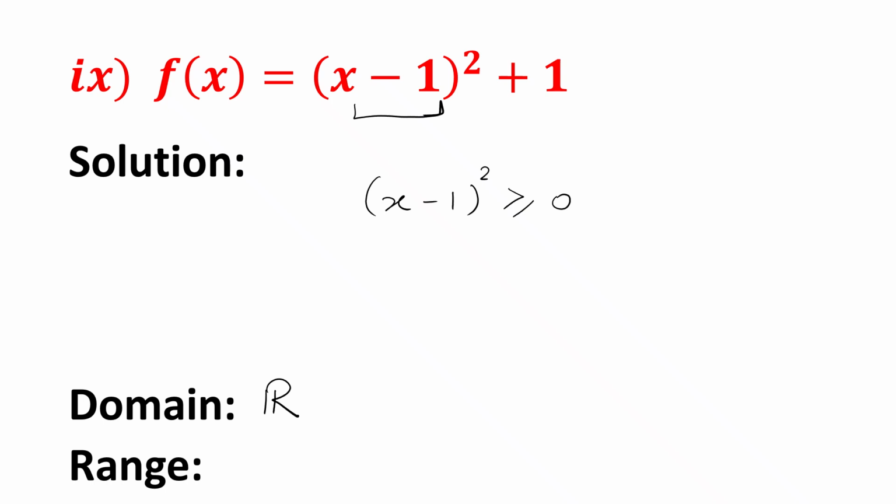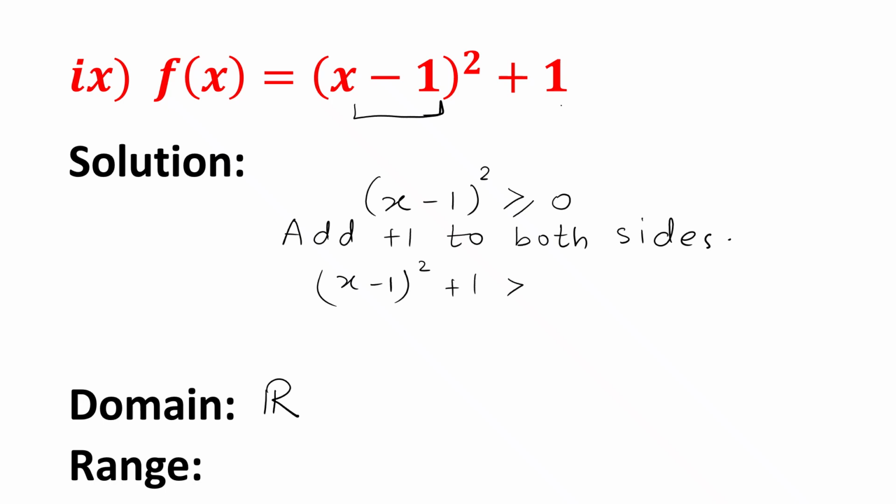In the question, there is positive 1 added to this x minus 1 whole square. So add positive 1 to both sides. We get x minus 1 whole square plus 1 is greater than or equal to positive 1.